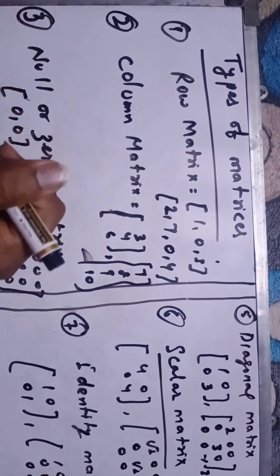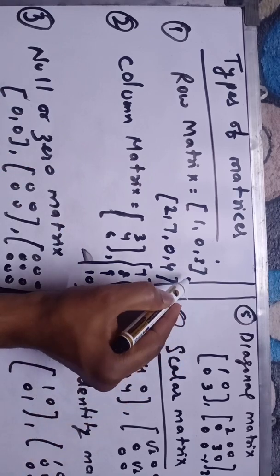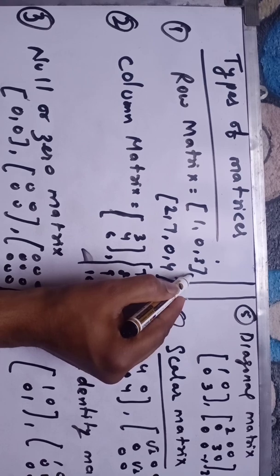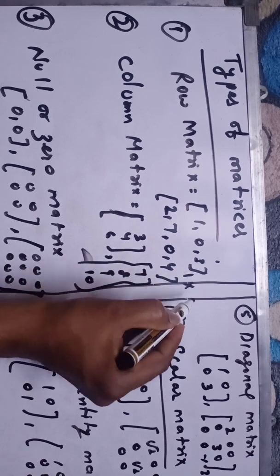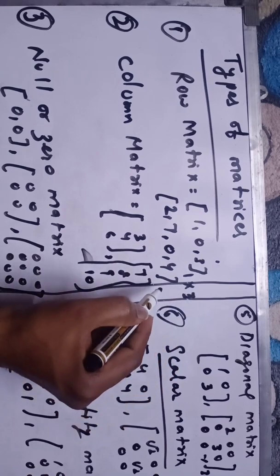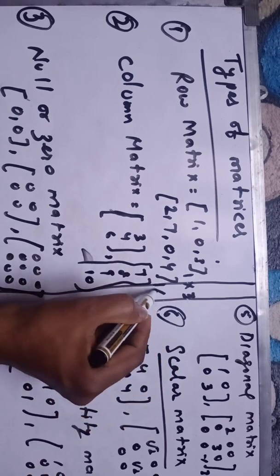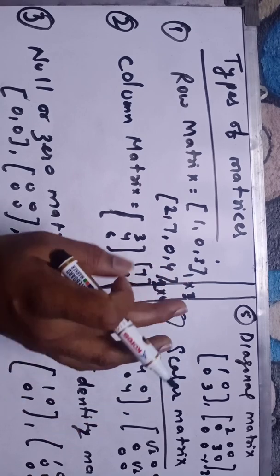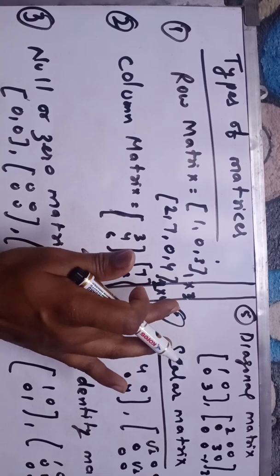Generally, if you have to write the order of this matrix, the rows will remain the same, that would be 1, and your column can be changed. Here the column is 3 and here the column is 4. So this is the possible order which we can write in row matrix.